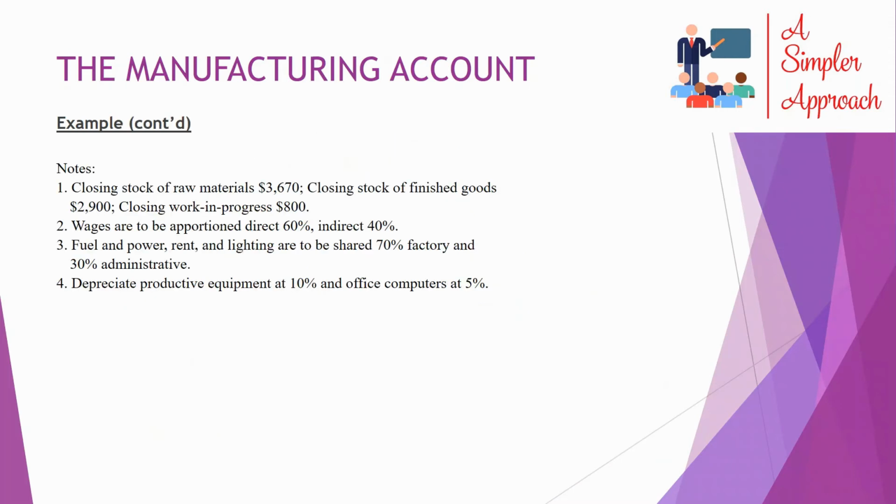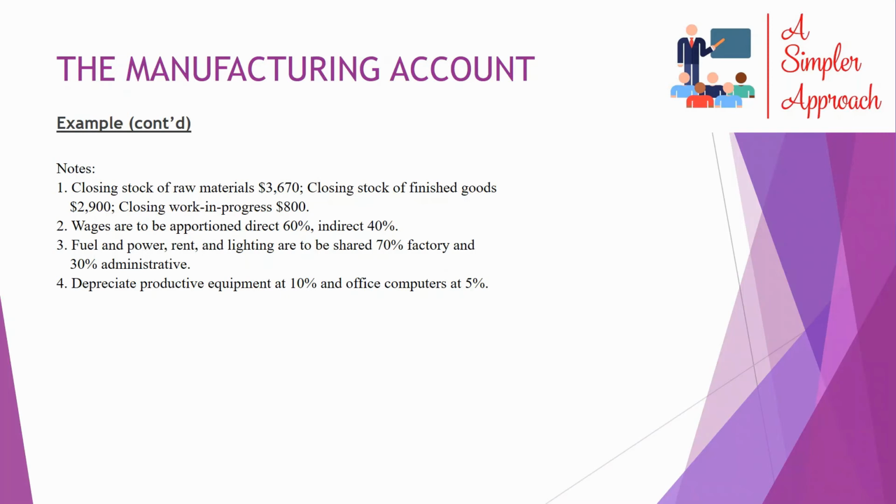In this case, we have the following notes. Stock information, closing stock of raw material, $36.70. Closing stock of finished goods, $2,900. Closing stock of work in progress, $800. Wages are to be apportioned or shared. Direct, 60%. Indirect, 40%.